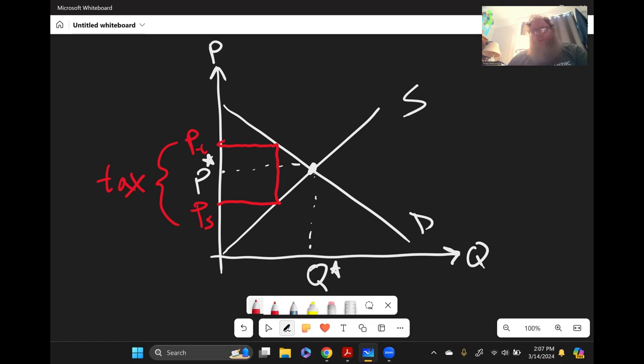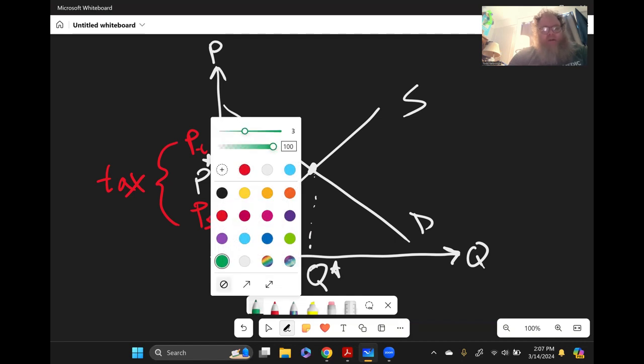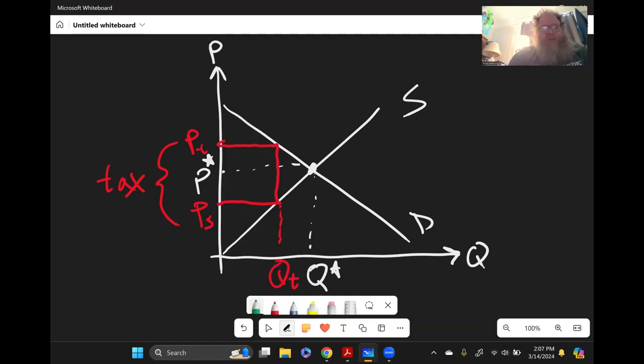And so now what occurs is there's an after tax quantity, QT, like that. And you can see that because of the price that consumers now pay for the product, their consumer surplus is going to decline. Prior to the tax, consumer surplus was that entire green triangle.